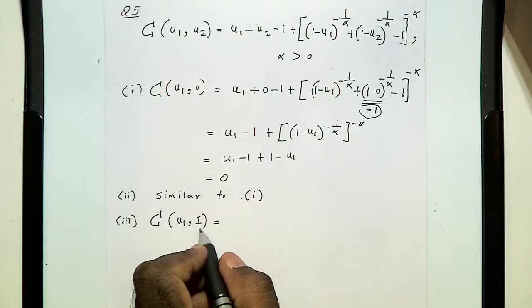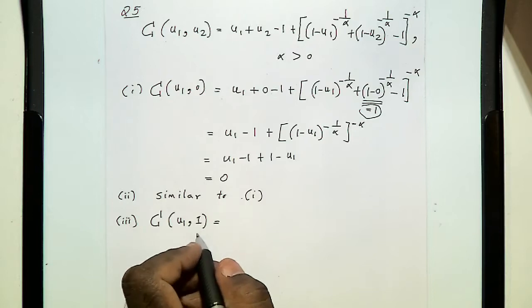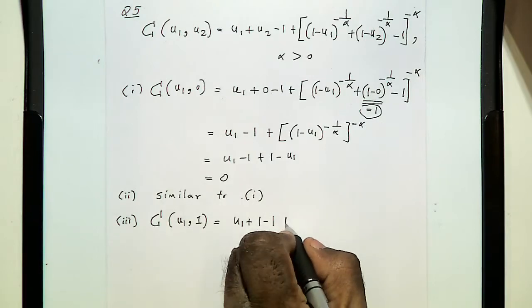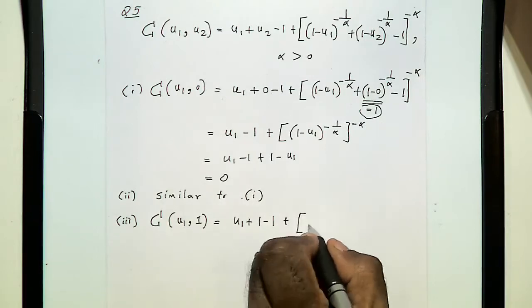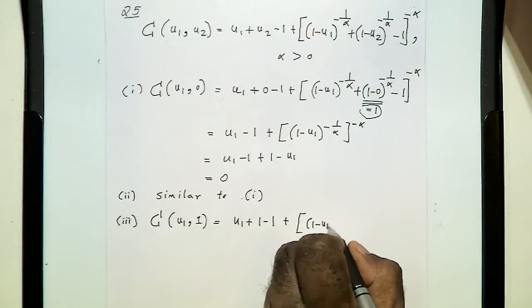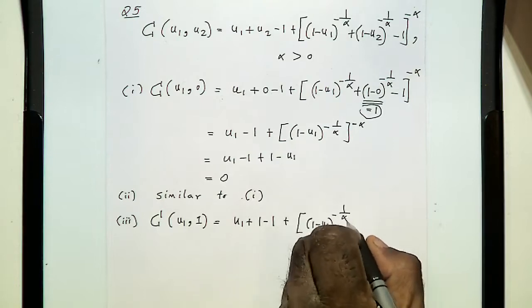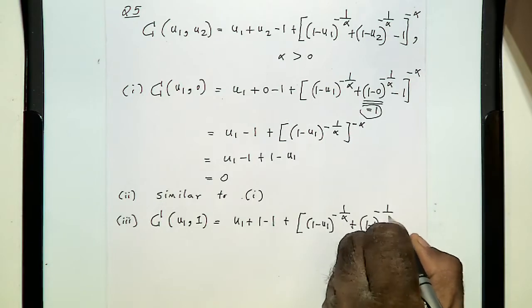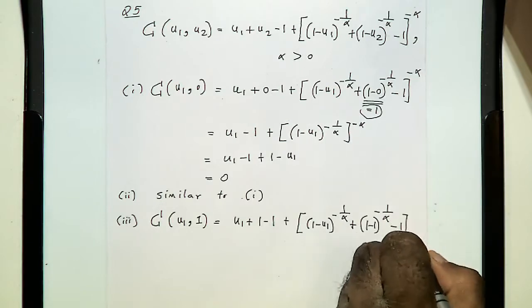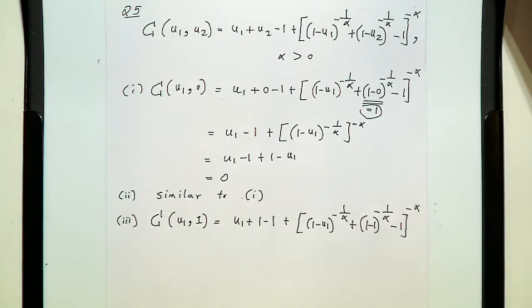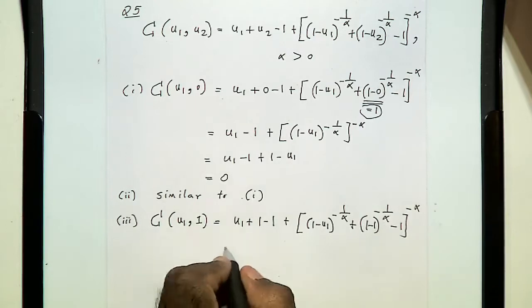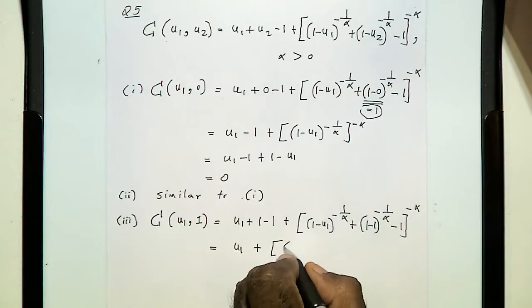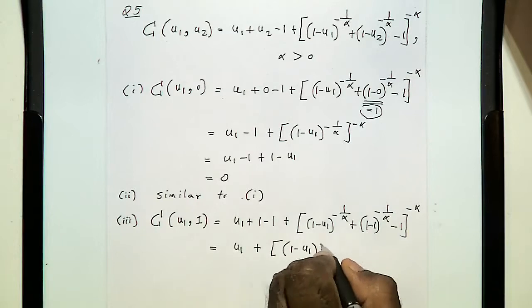Part 3: you put U2 equal to 1. So it becomes U1 plus (1 minus U1) to the power minus 1 over alpha.